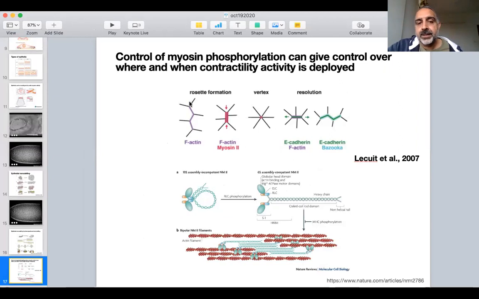A group of junctions, here we're seeing 1, 2, 3, 4, 5 cells, is collapsing down thanks to myosin activity to form a rosette. And so now you've gone from 5 cells all in a row to 5 cells forming a flower, all next to each other at a vertex.